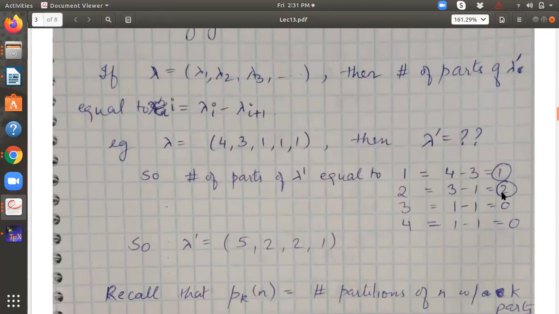So add them up: 2 plus 2 is 4, plus 1 is 5. And what was the total here? 4 plus 3 is 7, plus 3 is 10. Which means there is exactly one part of lambda prime which is equal to 5. And so the partition which corresponds to this lambda prime is 5, 2, 2, 1.